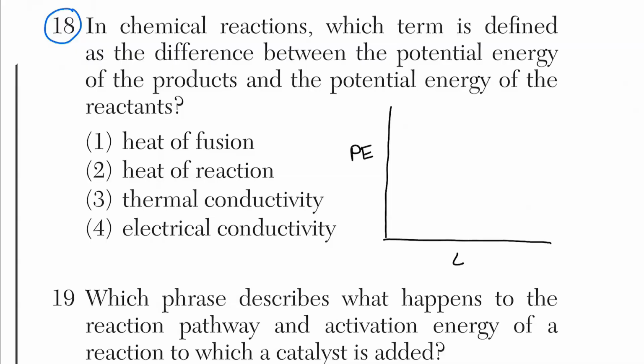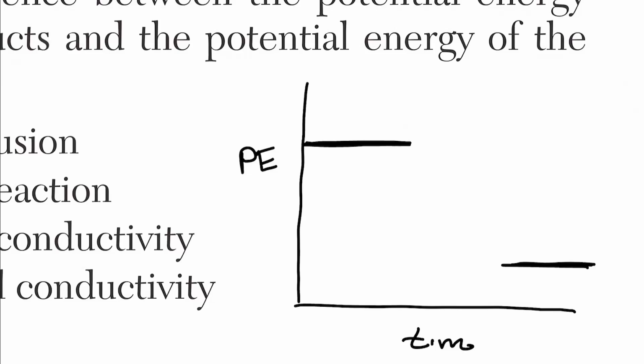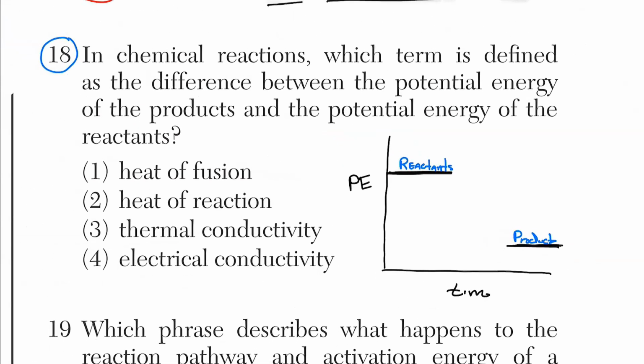And this will be a time coordinate. So over time, if we start with some reactants, these will be my reactants. And when the products are made, I'll write them in. So this would be reactants, and these would be products. Now, party people, we're going to have a little pathway here.